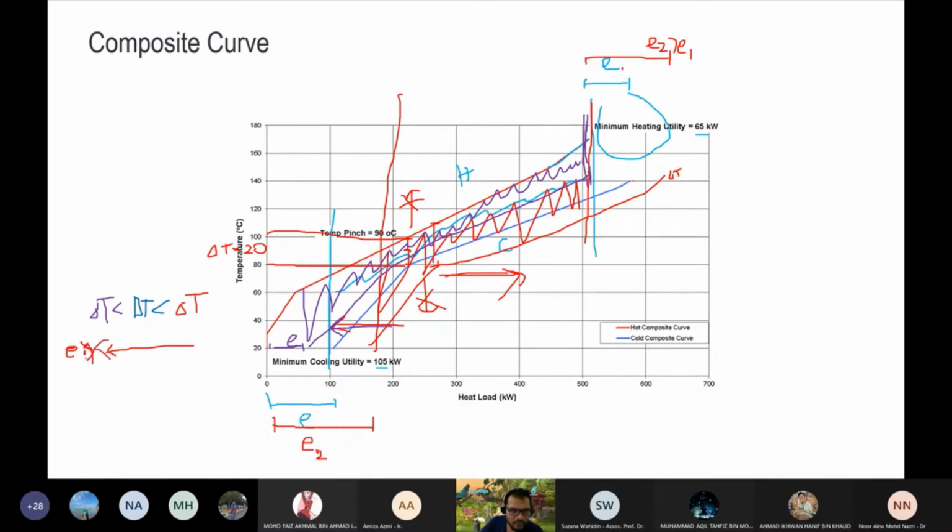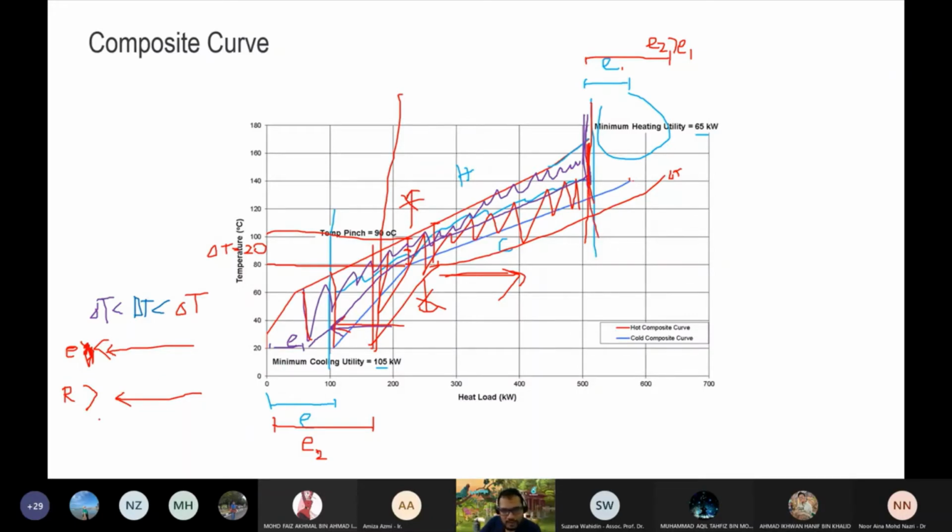So the external utility becomes smaller as we go from here to there, but then the heat recovery also becomes bigger from here to there. Yeah. So the amount of heat that we're going to cover from here, for example this blue line until that one, is bigger than if we start from here and there, or from here and here.